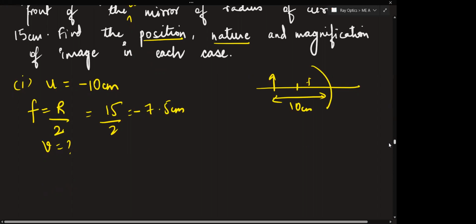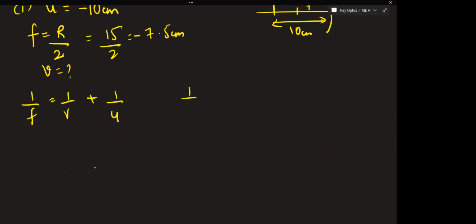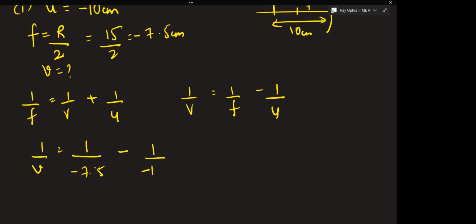See, let us find out image distance first using this. 1 by f is equal to 1 by v plus 1 by u, and 1 by v will be equal to 1 by f minus 1 by u. Now, using the appropriate sign conventions, put it in. So this becomes 1 by minus 7.5 minus 1 by minus 10.